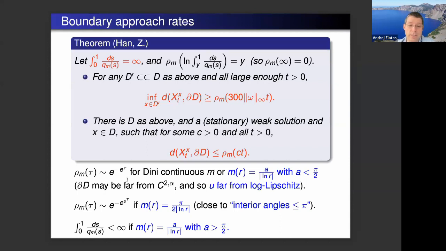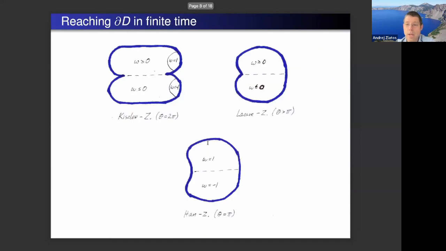And so here's just an example of what happens on the borderline. So for Dini continuous moduli, I already told you that we have this approach rate. And again, this is only depending on the modulus of M. So it depends on how quickly the domain, excuse me, how quickly the domain opens up to the left if you go along the boundary counterclockwise.